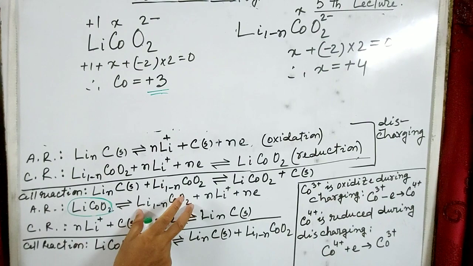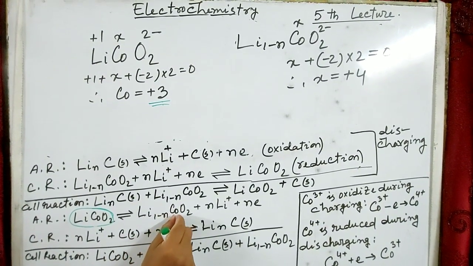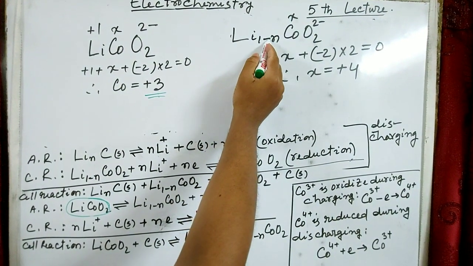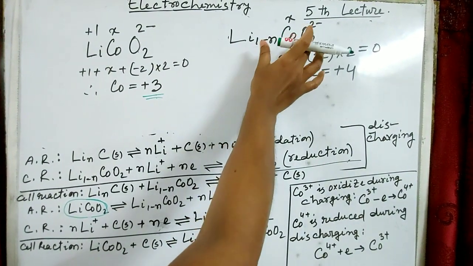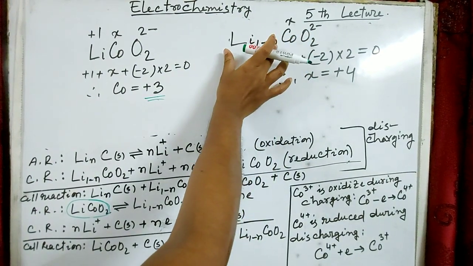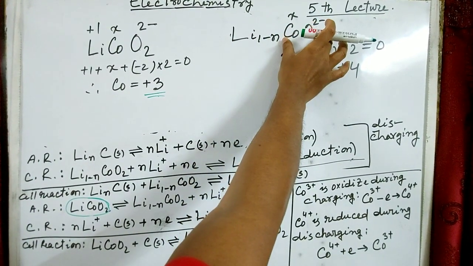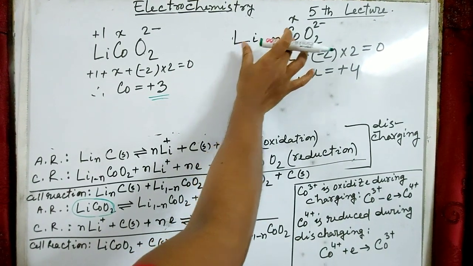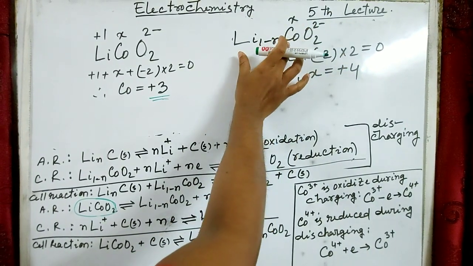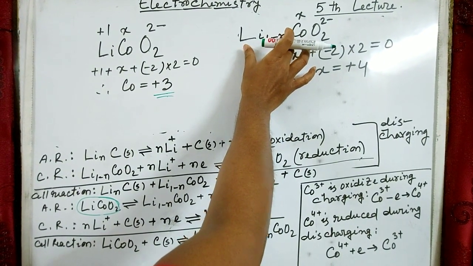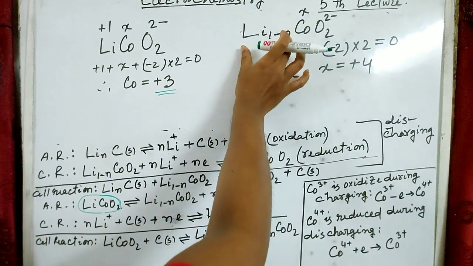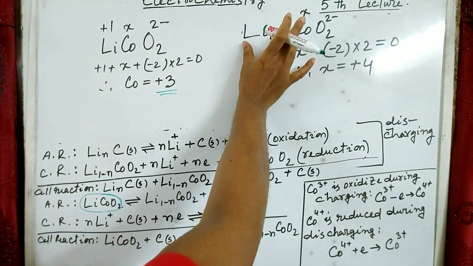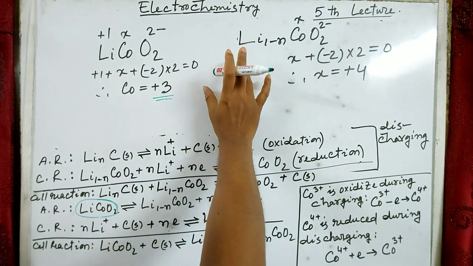And in the product, lithium 1 minus n cobalt oxide, lithium is not bonded with cobalt oxide. Lithium is given as a layer on cobalt oxide, or lithium is actually used as coating. Cobalt oxide is coated by lithium. That's why the oxidation number or charge of lithium will not be calculated here.